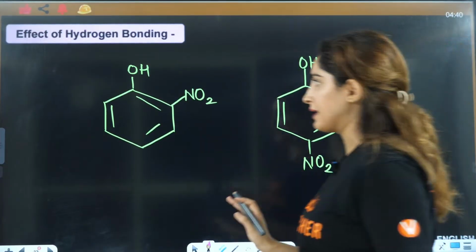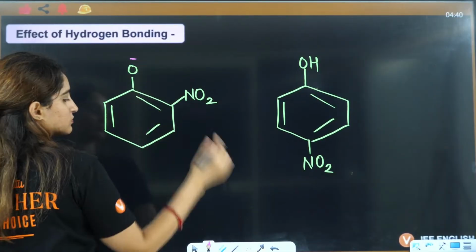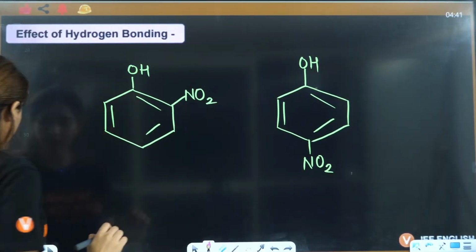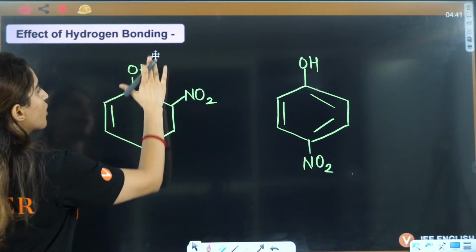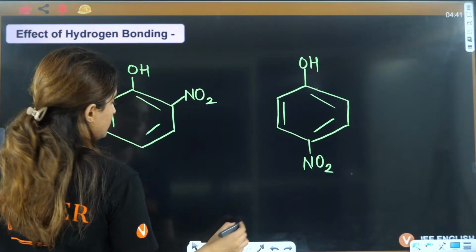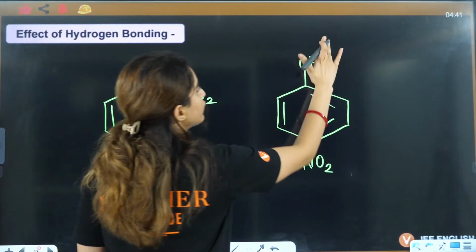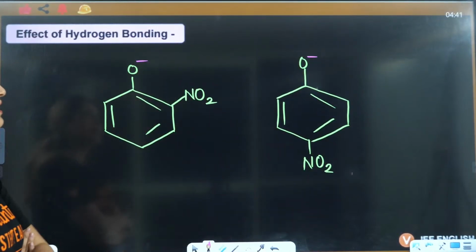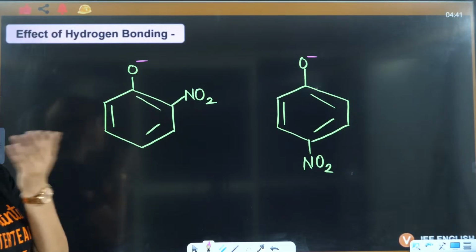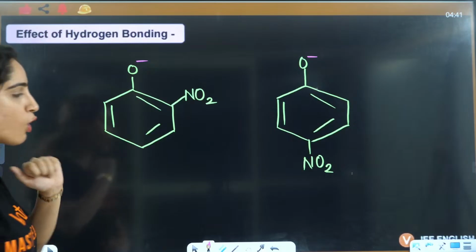Now see this thing, if it loses H positive, it will become O negative, right? Can you see nowhere they are showing hydrogen bonding, because hydrogen you have lost, so hydrogen bonding will not be there.